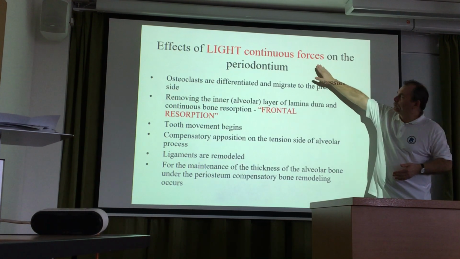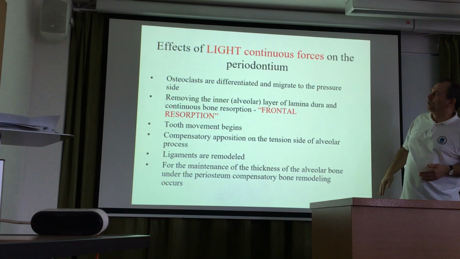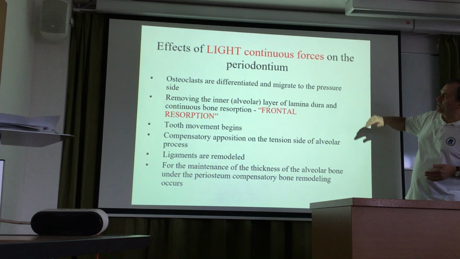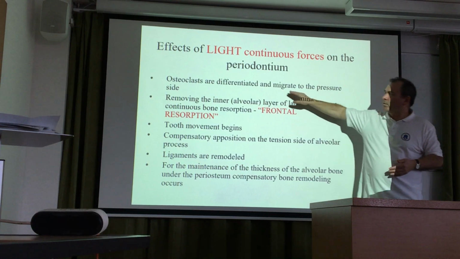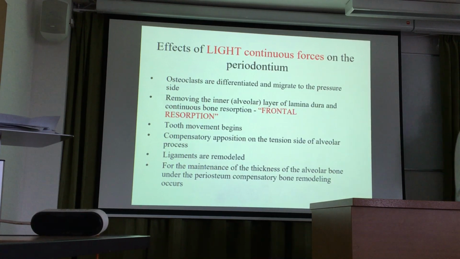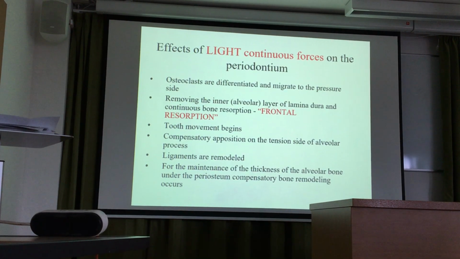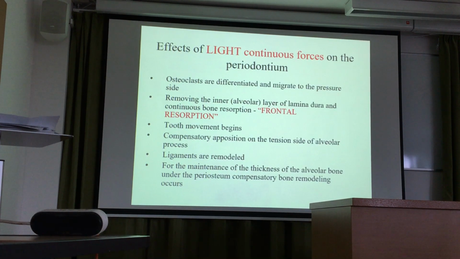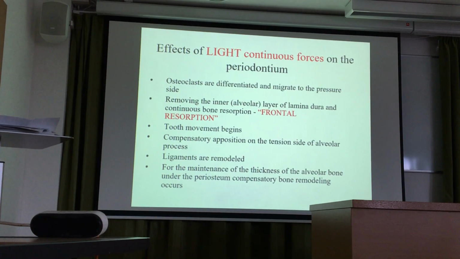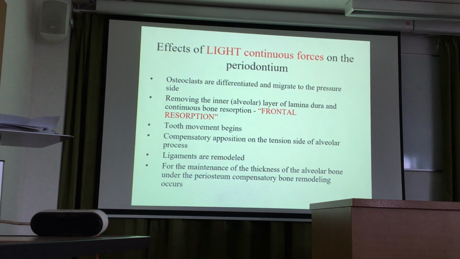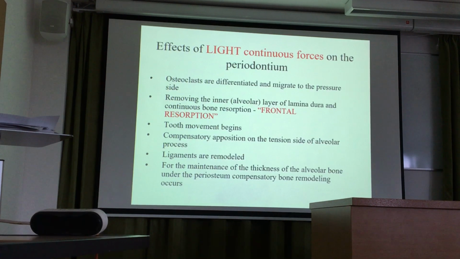And you can see here the consequences of the light continuous force application, and the result will be that osteoclasts will be differentiated and migrating to the site of force application, to the pressure zone, because the osteoclasts are not located at the site.